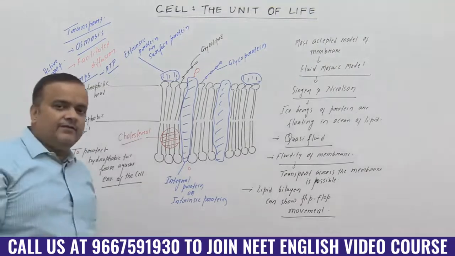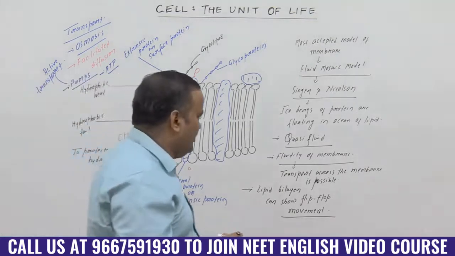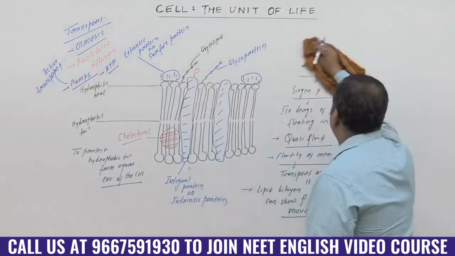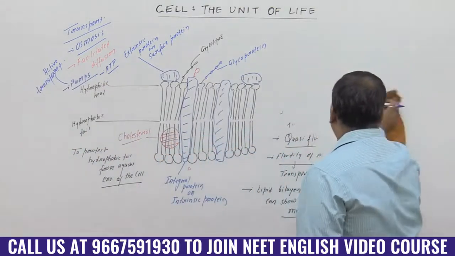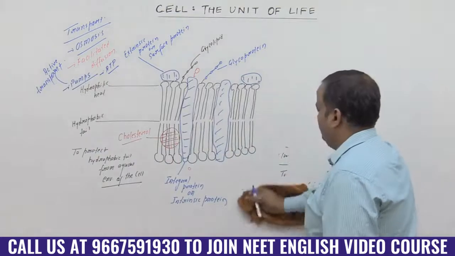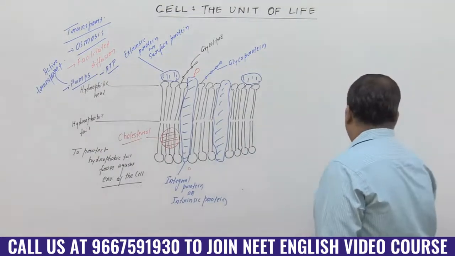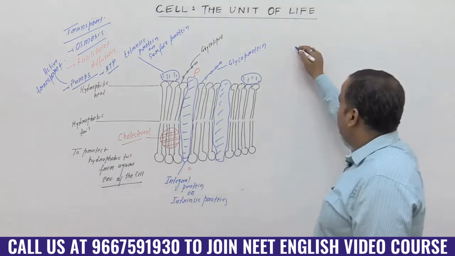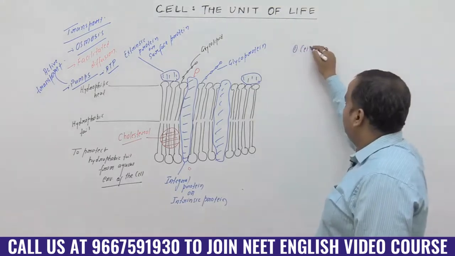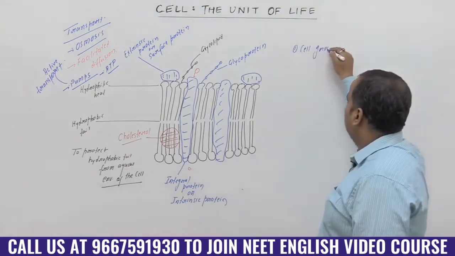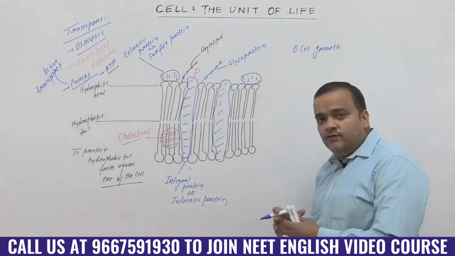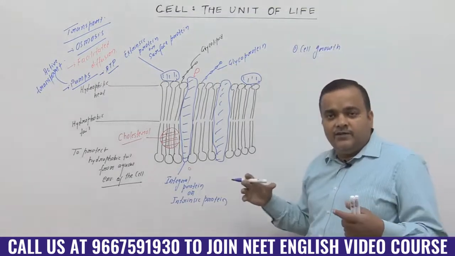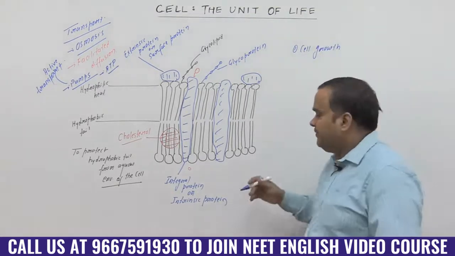Now apart from this, what are the other functions performed by this membrane? It helps in cell growth. If there is growth in any cell, what will happen? The membrane will expand, and without expansion of the membrane, growth is not possible.